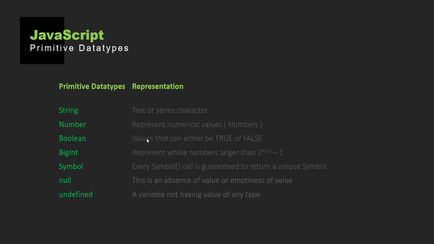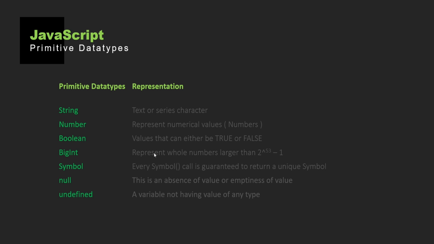All right. And then we have Boolean, which is something that evaluates either to true or false. Any mathematical or comparison operation that results in true or false is considered a Boolean, or using literal true or literal false.